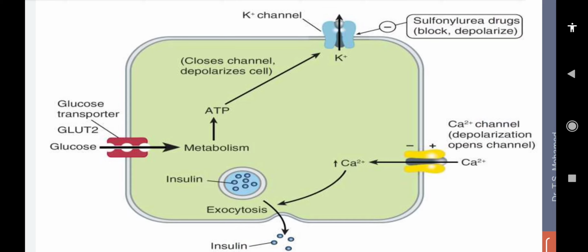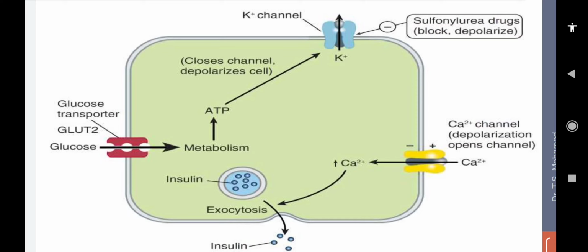What happens when the potassium channel is blocked? Depolarization occurs and ultimately the stimulatory signal is enhanced. Then when the stimulus gets to our body, it will release the insulin.